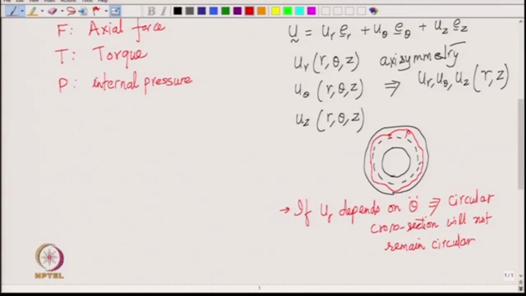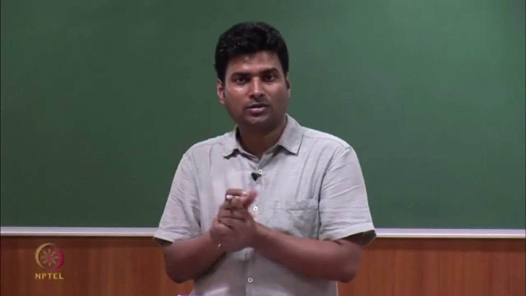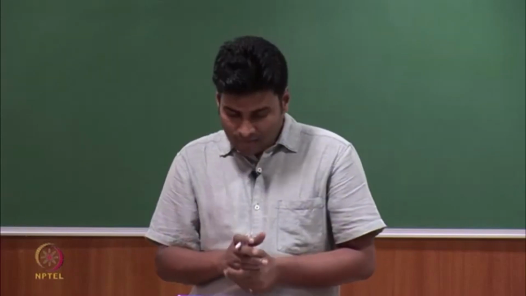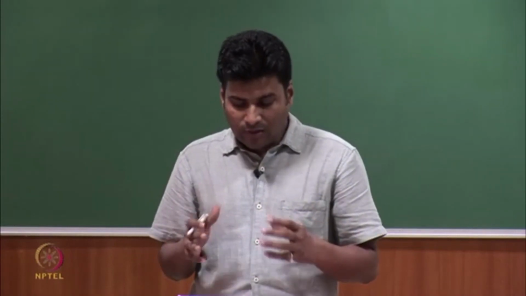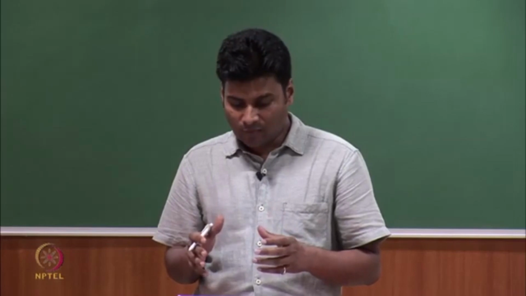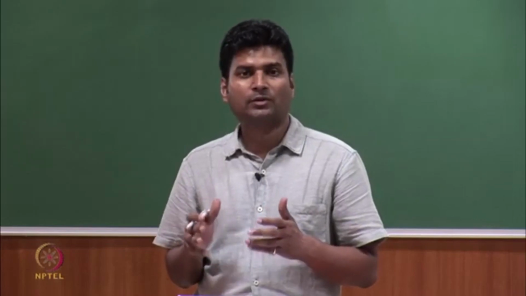Okay. Likewise, you could think for u theta and u z, what happens if they depend on theta. So, the axisymmetry is basically going to be lost. Okay. All right, we would like to think more. What more restriction can we think of?